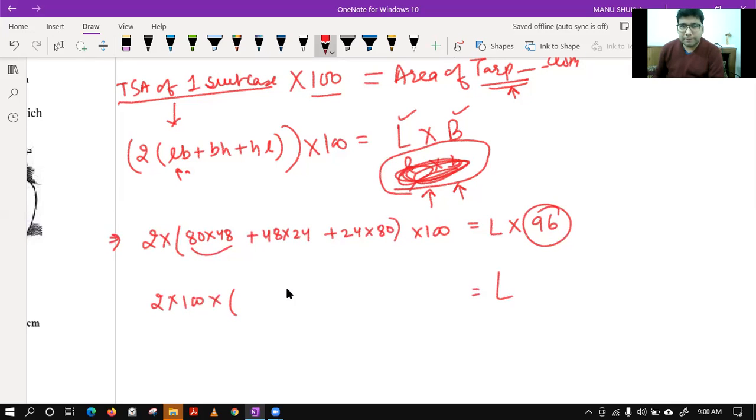Please tell me the answer. 80 into 48. 8 8s are 64. 8 4s are 32 plus 6, 38. Plus, tell me this one, 48 into 24. Please tell this one, 48 into 24.